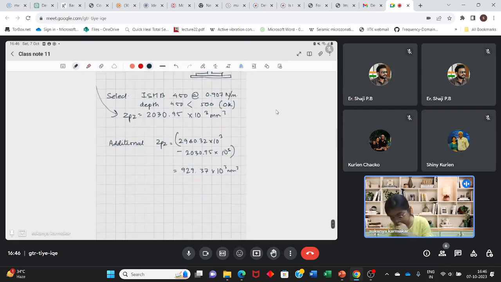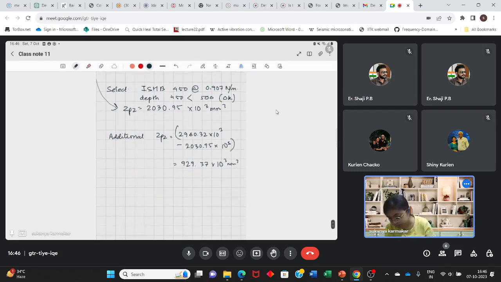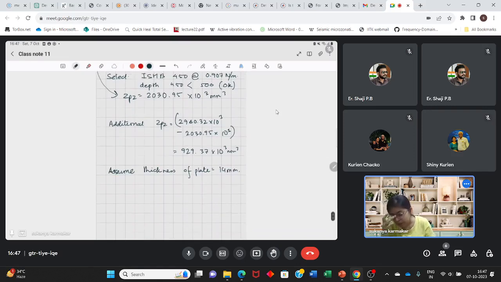So assume thickness of the plate is 14 mm. Fine.